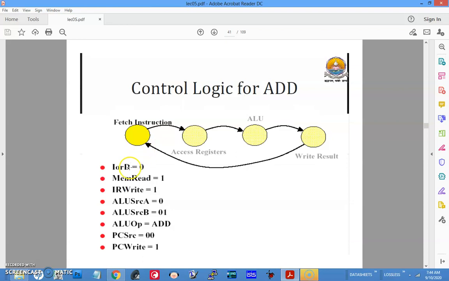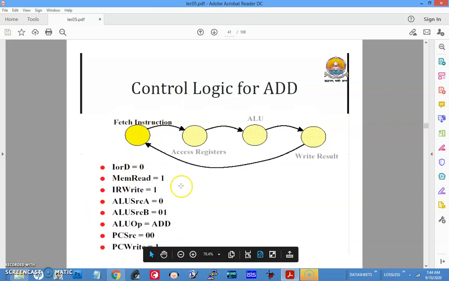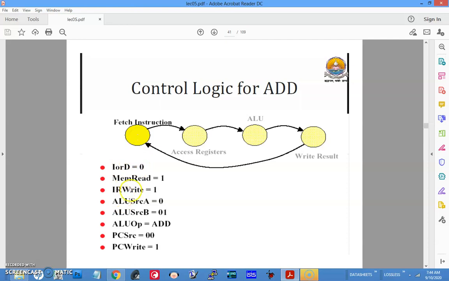For example, fetch instruction state. These are the control lines required because I or D should be 0 because this is going to be an instruction. Memory read is asserted because you are reading instruction memory, or there is no notion of instruction memory, we have only one memory here. So reading the memory, then writing the instruction register is 1.